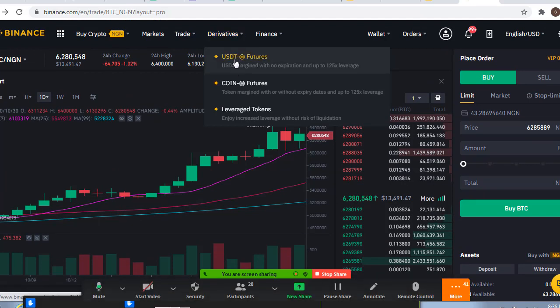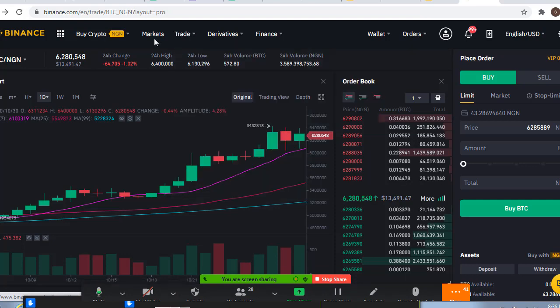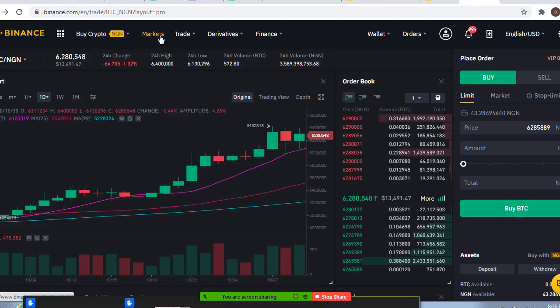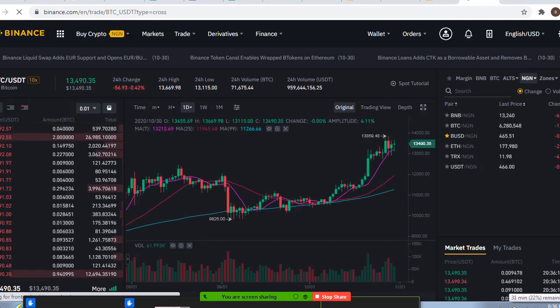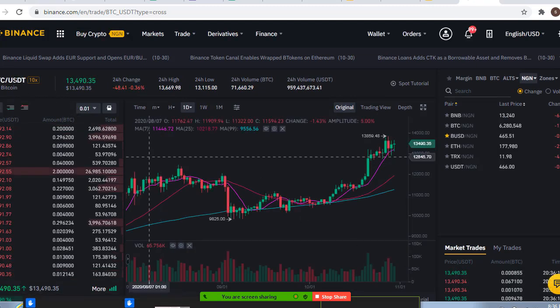Now in futures, you will see USDT futures, coin futures. If you go to margin here, you can see different markets in the margin through this USDT market, and you see 10x. This is the leverage you are using. You can as well reduce the leverage you are using.